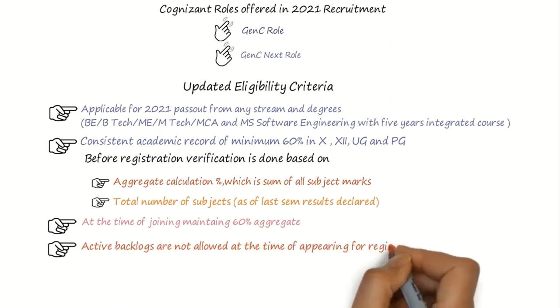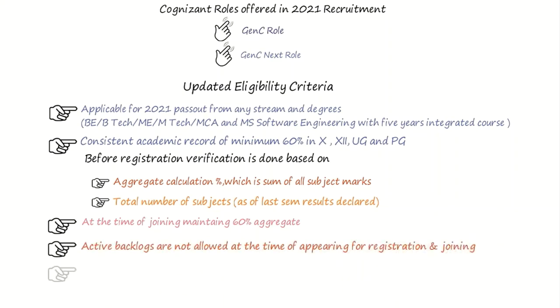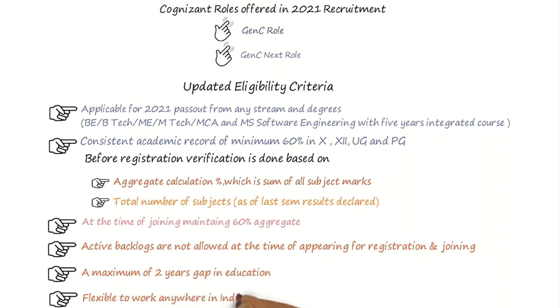There should not be any backlogs at the time of appearing for the Cognizant registration as well as joining, and a maximum of 2 years of gap in education is relaxed. And the candidate should also be flexible to work anywhere in the country, in any shift, and in any domain. This will also be asked in the HR round.